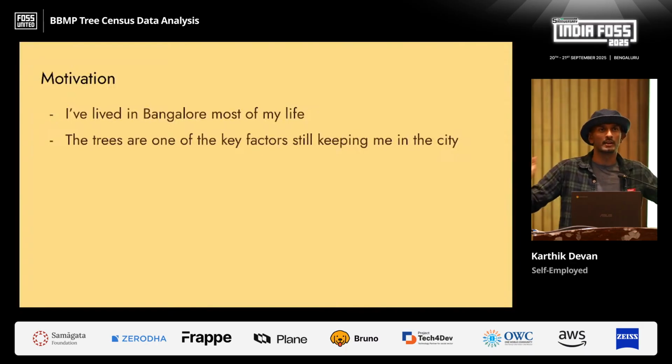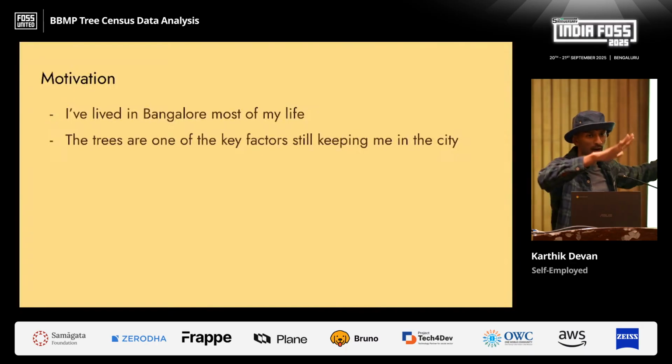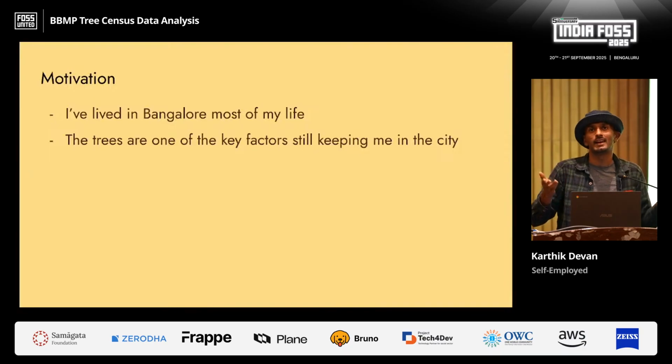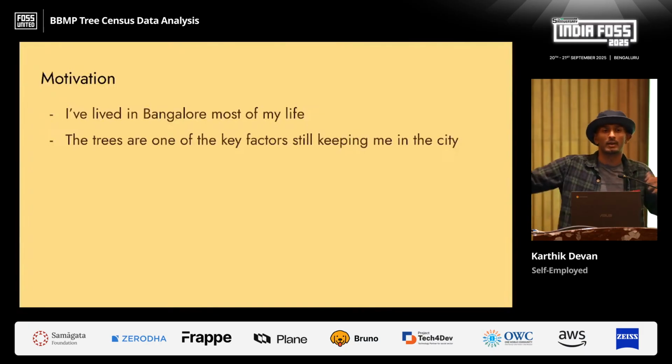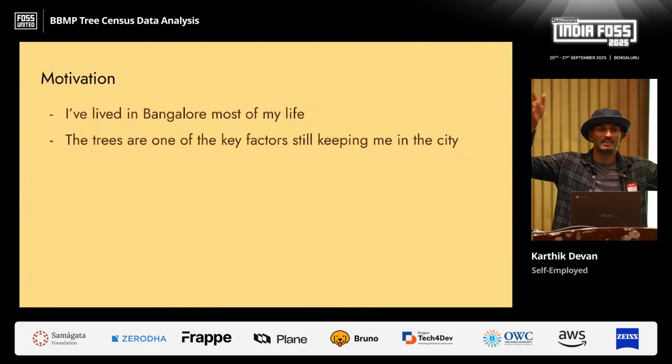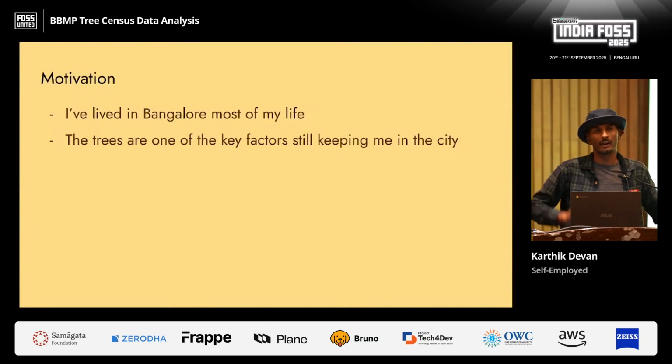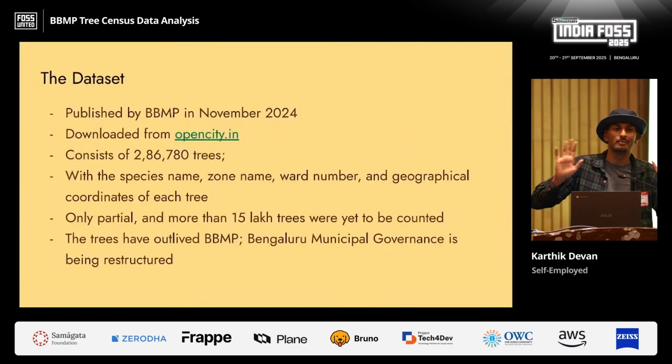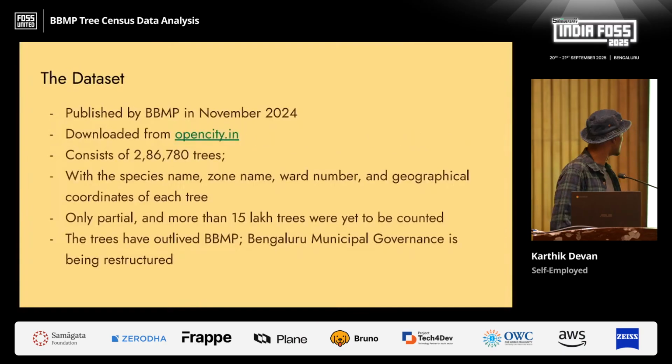It's not like we've set up parks and if you want trees, you go to the park. Whenever I go out for lunch or dinner with friends, we just typically take a walk after dinner, and even despite the bad walking infrastructure, we are able to do that because there are trees. Even if you're jumping over potholes or walking on non-existent footpaths, the trees still make walking a very good experience.